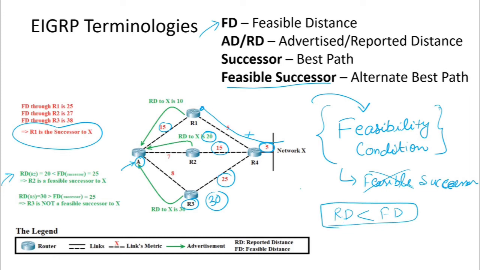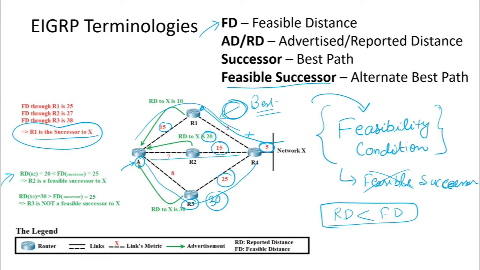So let us suppose the best path is chosen, right? R1 is the successor to X. So the traffic is traveling through router 1. So this is our successor, this path is selected. This is the best one. So now for the remaining, we have two paths, either this or through R3. So these two can be our alternate paths.